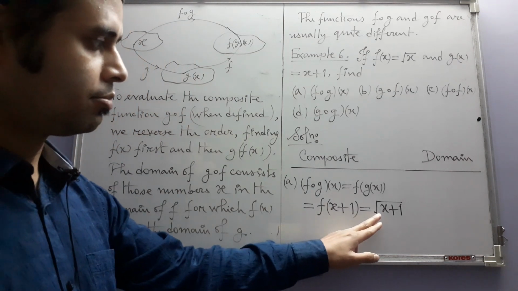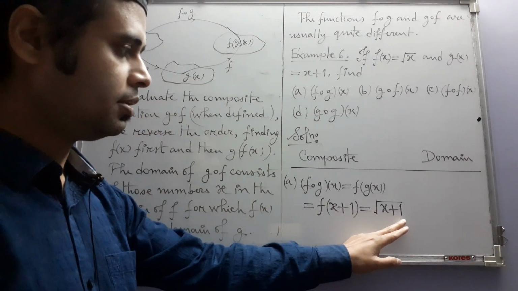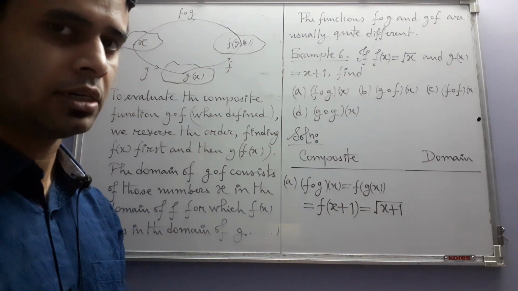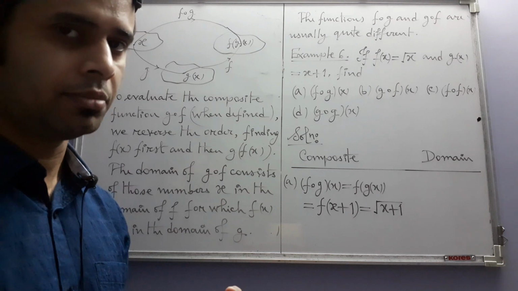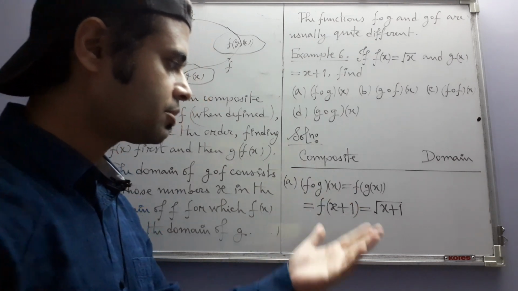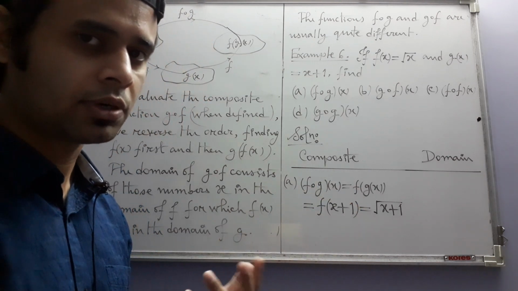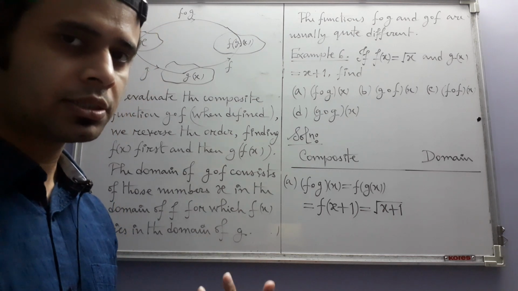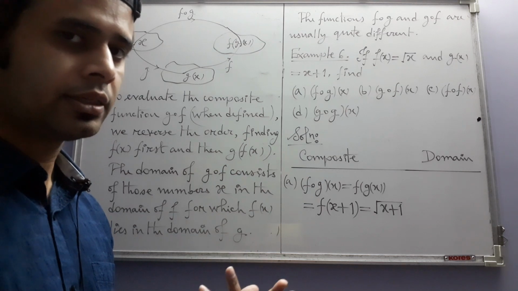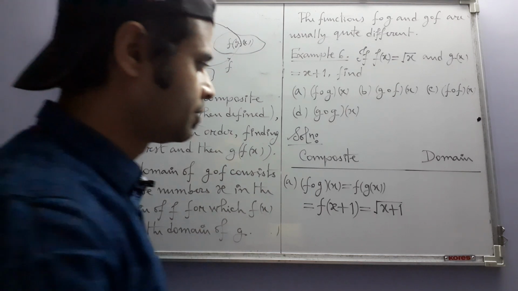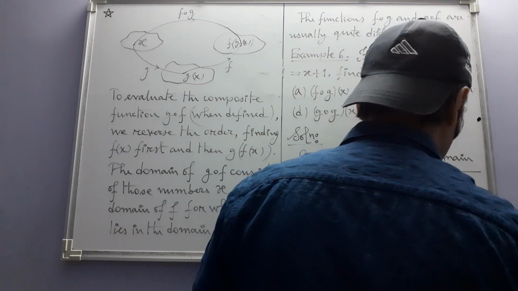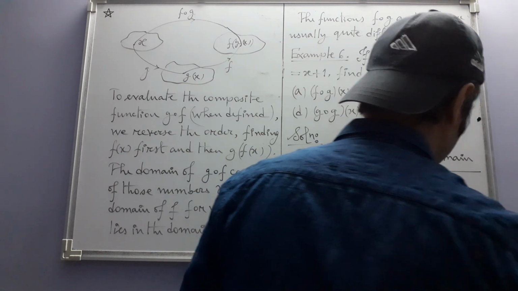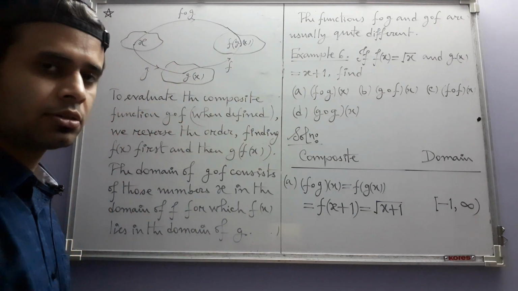Now the natural domain of this function is the set of those x's for which X plus 1 is a non-negative real number, that is, for which X plus 1 is greater than or equal to 0. In other words, it's the set of those real numbers x which are greater than or equal to minus 1. So the natural domain in this case is this closed ray, minus 1 comma infinity.